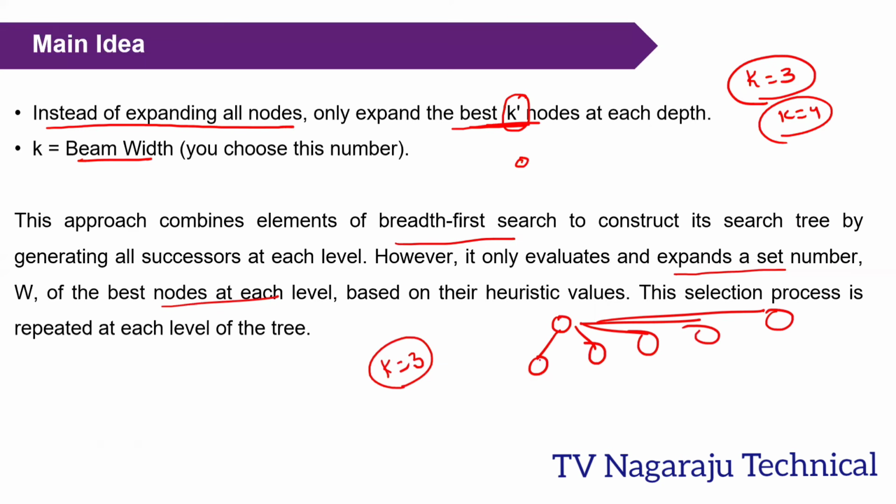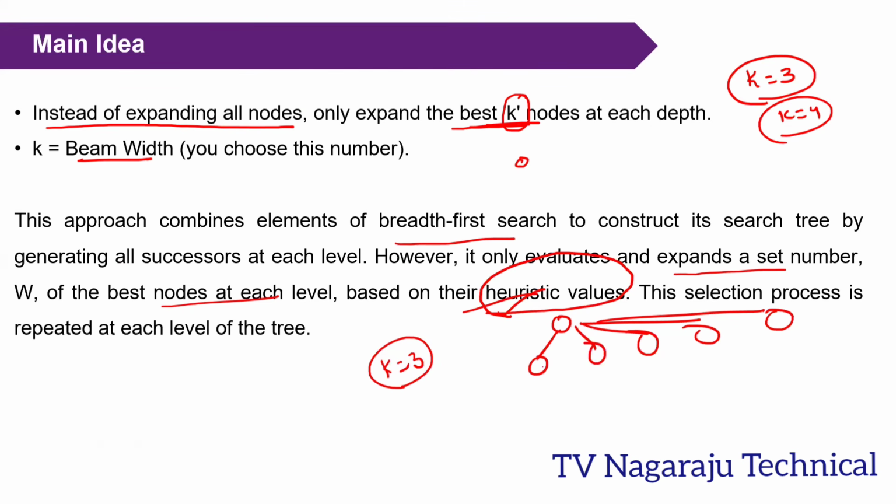Now the question is, which 3 nodes are considered, that is, which 3 nodes are expanded? That is based on the heuristic value. Anyway, you are fixing the k value, but which k nodes are considered depends on the heuristic value. So the selection mainly depends on this.